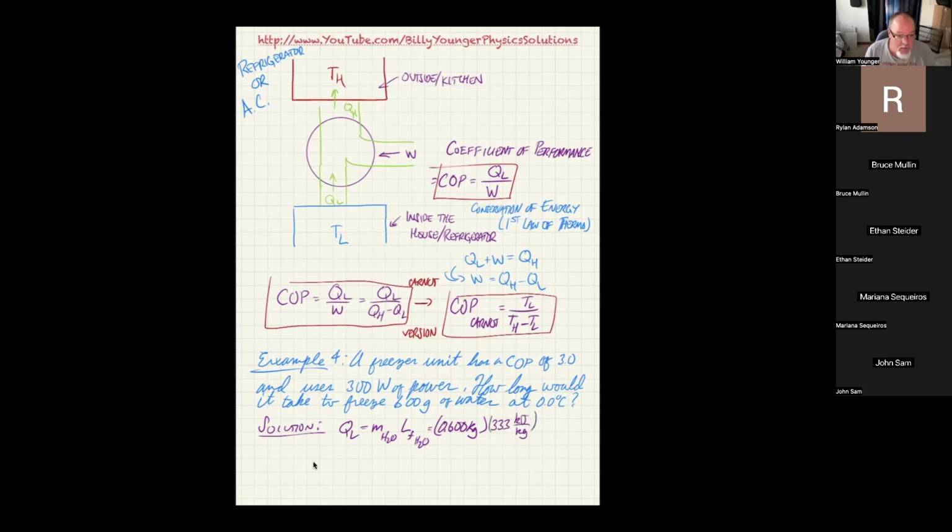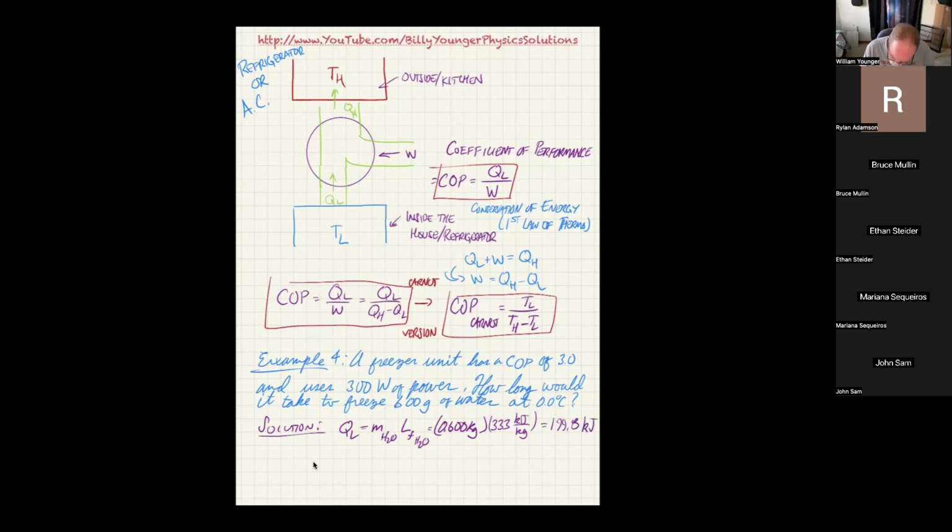Okay, so that equals 0.6 times 333, which gives me 199.8 kilojoules.